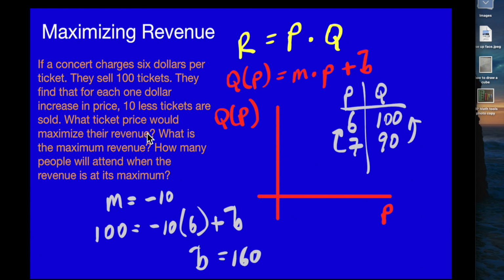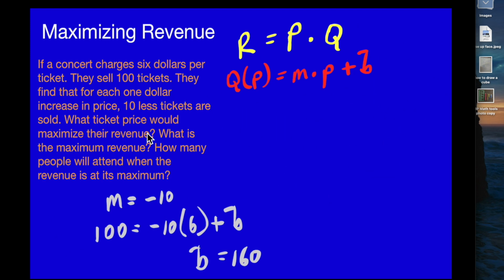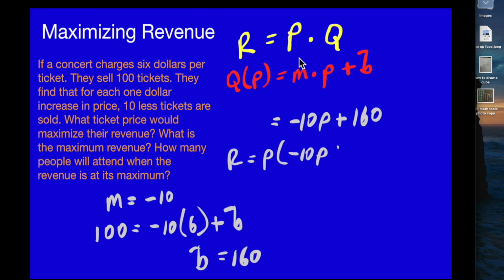So our final line, Q of P, is going to be equal to -10p plus 160. Okay, folks, we're now going to plug this function into Q. So our revenue now is going to equal P times (-10p plus 160).